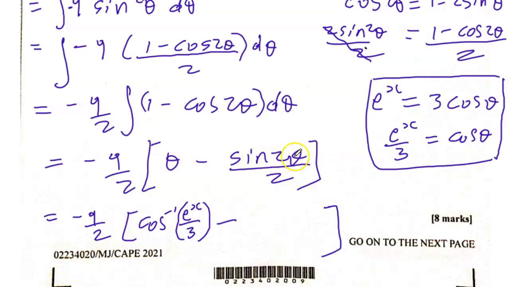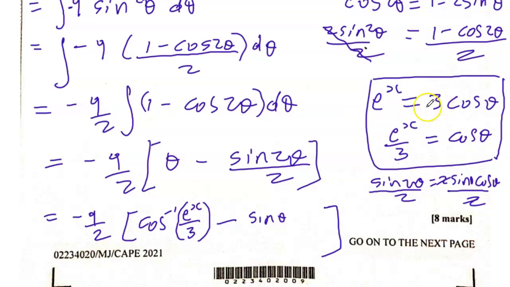Alright, so let's look at sine 2 theta. Remember sine 2 theta is 2 sine theta cos theta. So sine 2 theta over 2 would be just sine theta times cos theta.